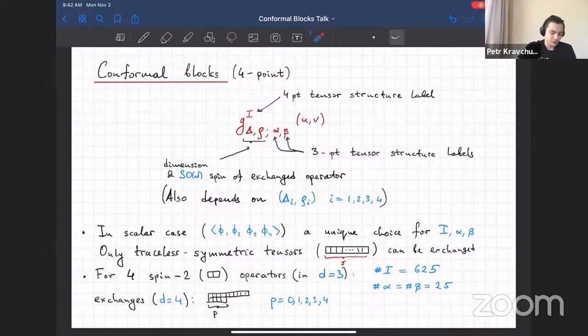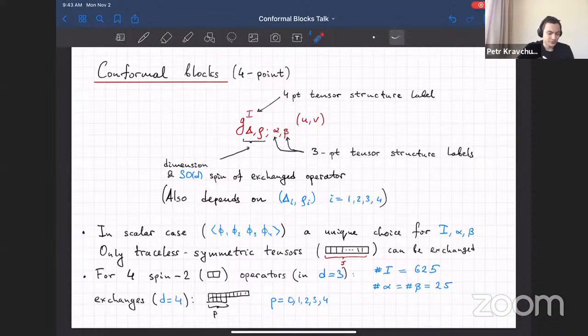In principle, if you specify some numbers for delta i, some representations for rho i, some number for delta, some representation for rho, then choose indices alpha and beta and I appropriate for all these operators, and specify values for U and V, then you can plug this all into the conformal block and get a number.